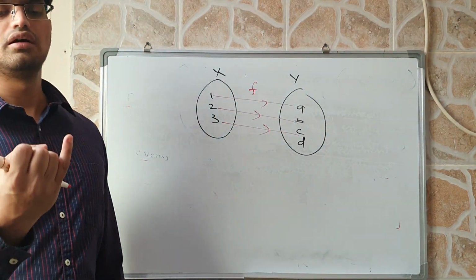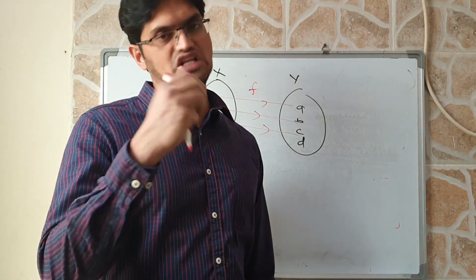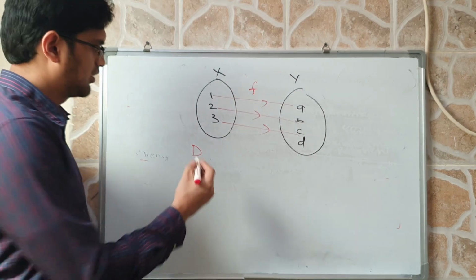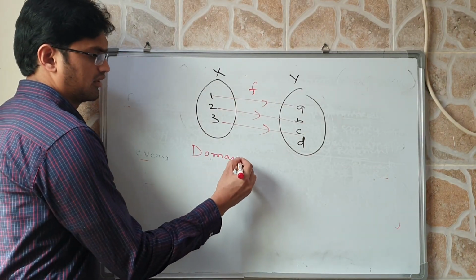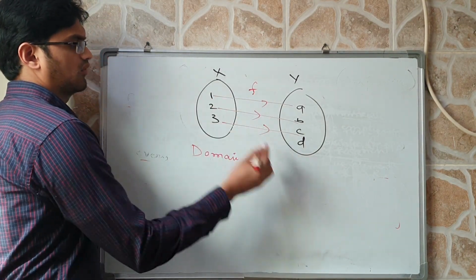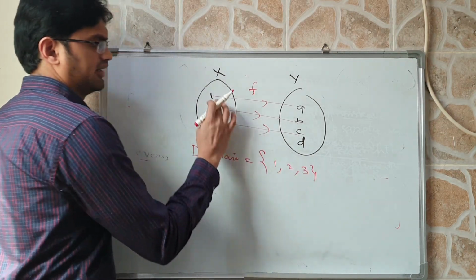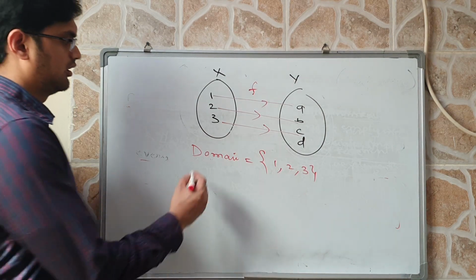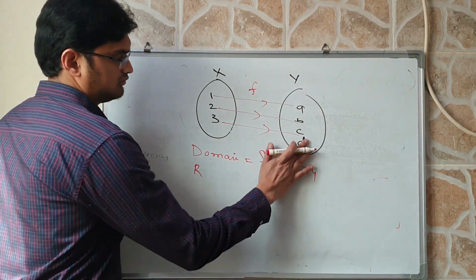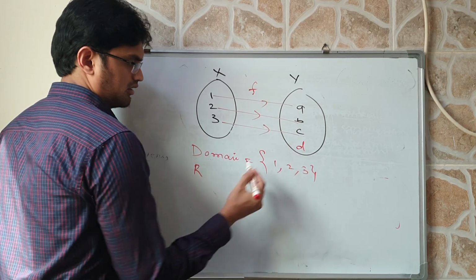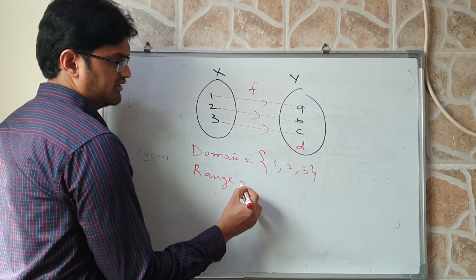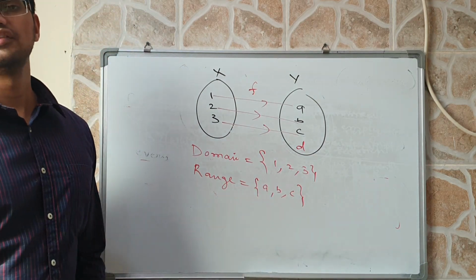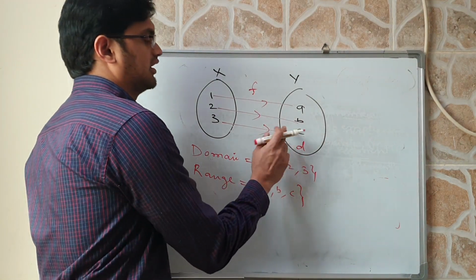Next, after knowing function, we need to know two more things: domain and codomain, and one more, range. So what is domain? You have already learned all this, I am just revising it. Domain of f is 1, 2, 3, that is the first elements from X. Now range is A, B, C. Range is the elements which are mapped.